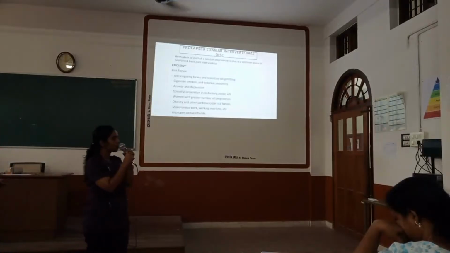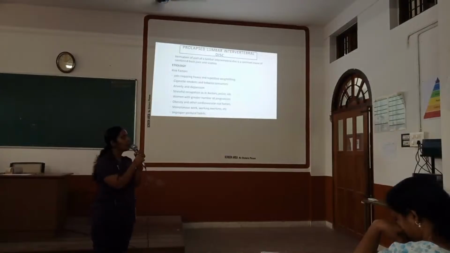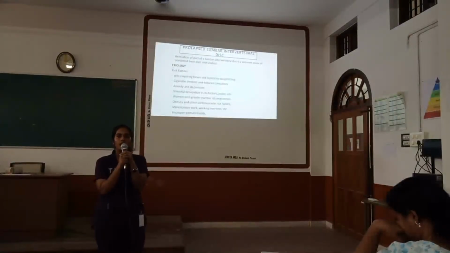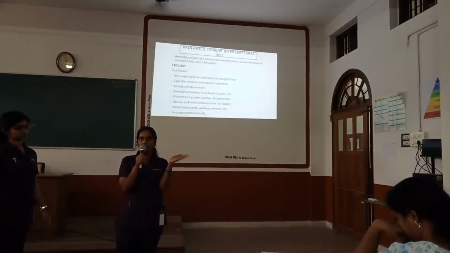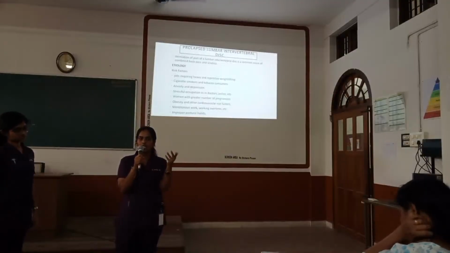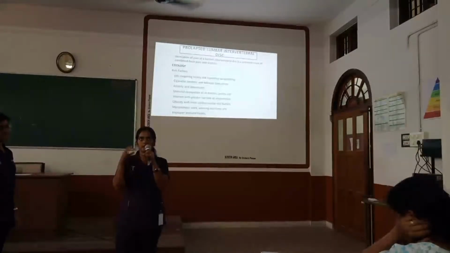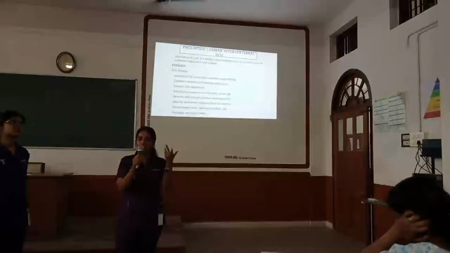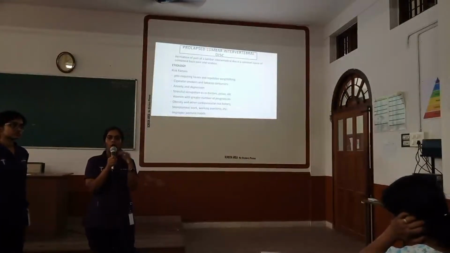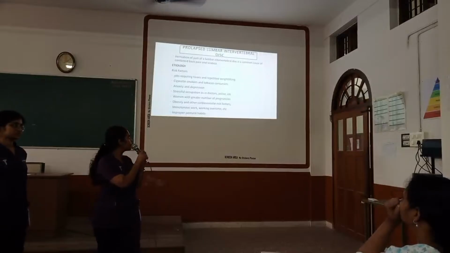Now about the prolapse of the lumbar intervertebral disc. As I told before, as degeneration takes place or due to any injury, the peripheral part, the annulus fibrosus, gets torn, and then the nucleus pulposus gets herniated or bulges out. That is the condition taking place.